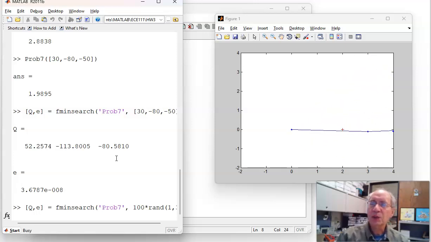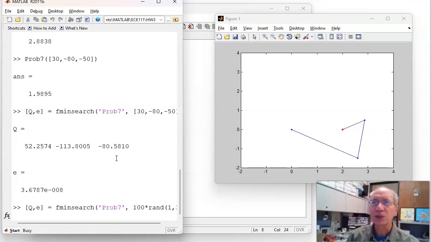When I have 2 constraints and 3 degrees of freedom, there's almost always an infinite number of solutions. And sometimes it cannot find it. Here it goes. Now it's finding the solution. Got it. Different answer.